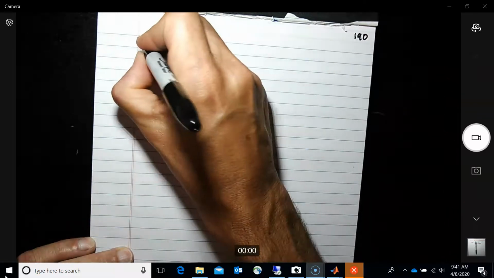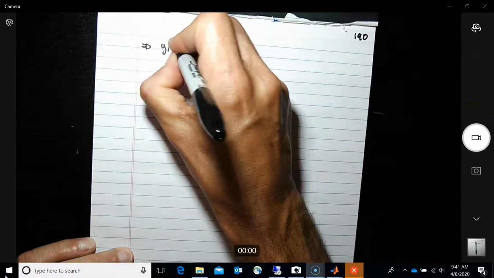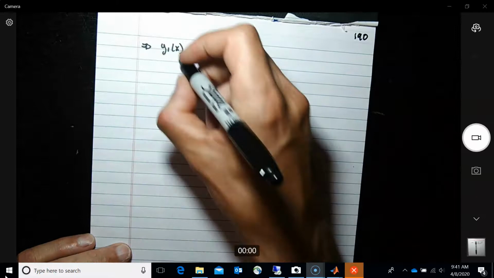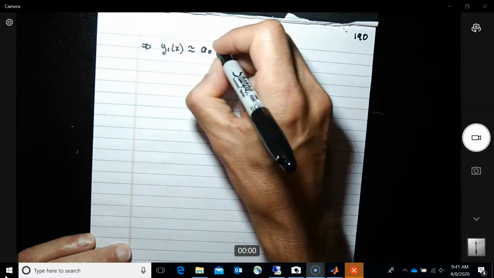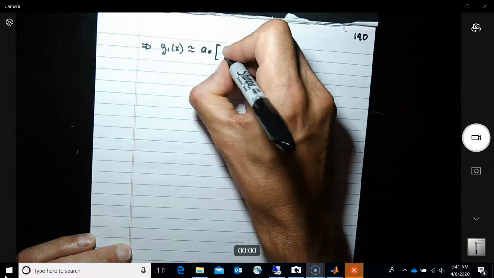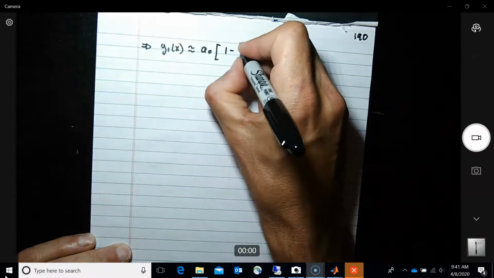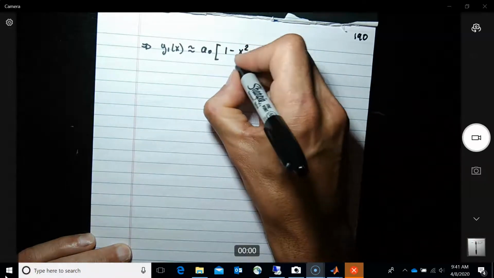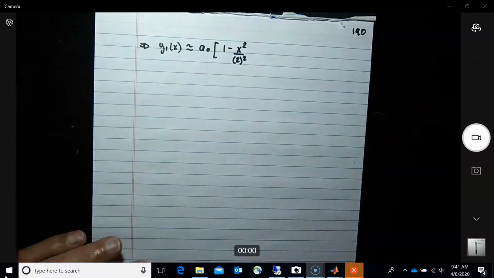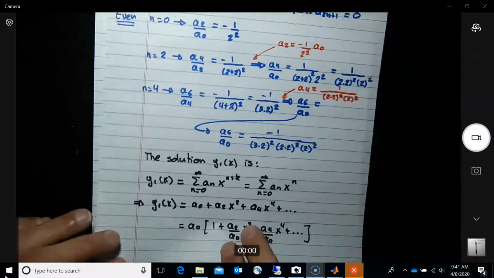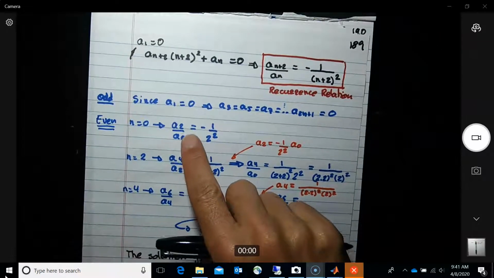So this would mean that y1 of x is basically more or less equal to a sub naught factor of 1 minus x squared over 2 squared. That was the first term that we had over here, a2 over a naught.